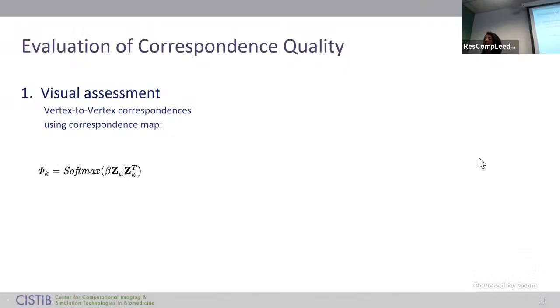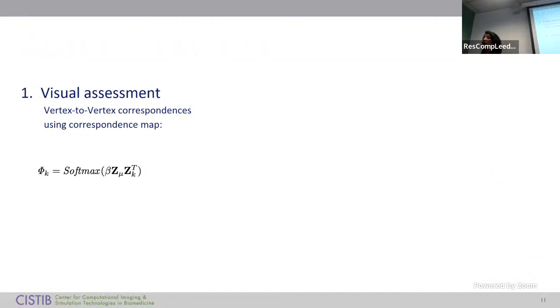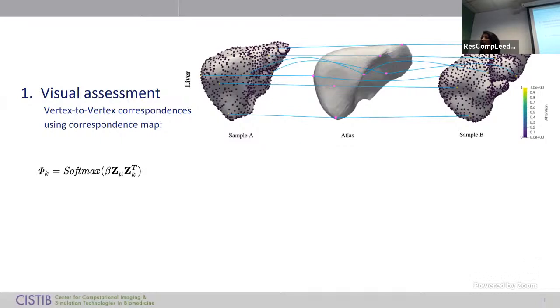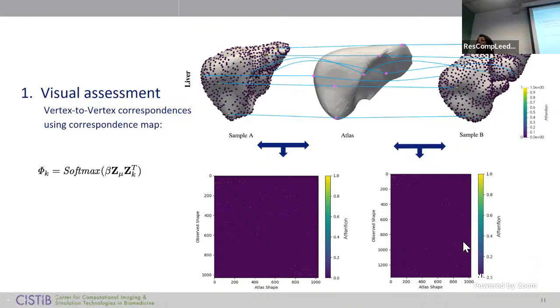First of all, I'm going to talk about the evaluation of correspondence quality. The first method is visualization assessment. You can see that we can point out some landmarks on the atlas, and the blue lines show the meaningful correspondence between each landmark on the atlas and the two cases A and B. Also, these two maps show the correspondence map between each sample and the atlas.